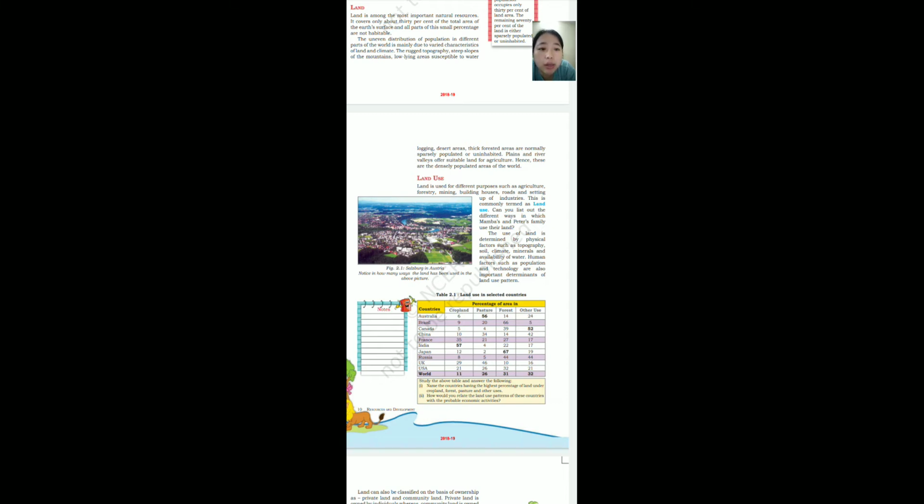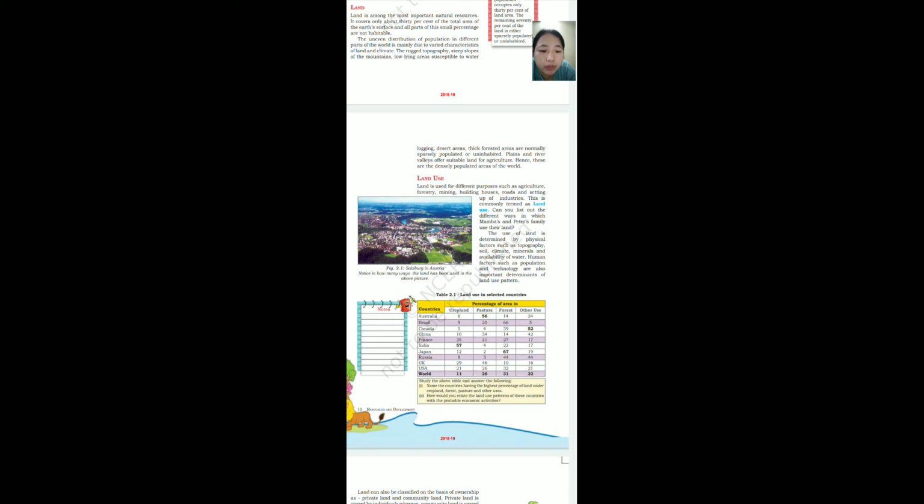In these types of areas it is very difficult for humans to survive. Very few people stay over there, because for many years they have been adapted to this kind of environment.